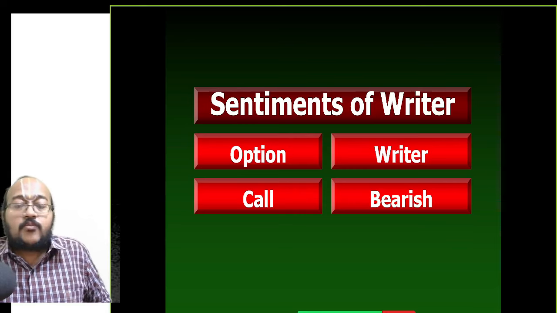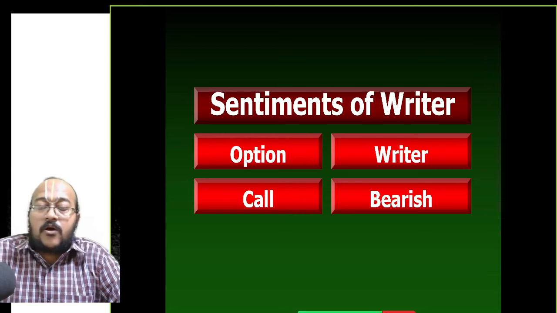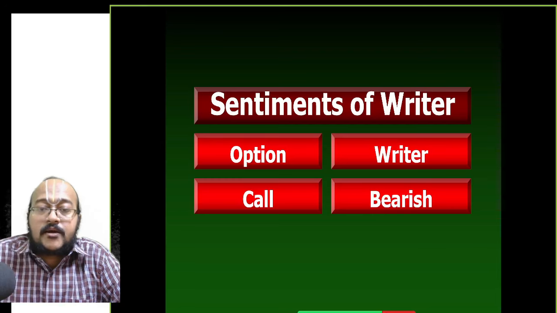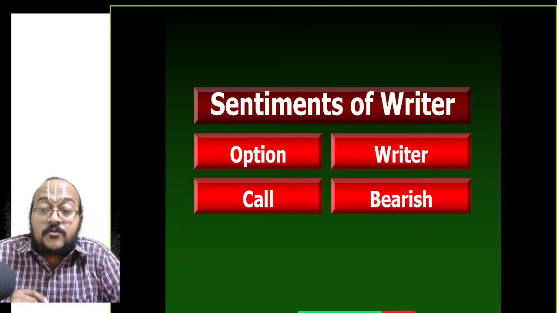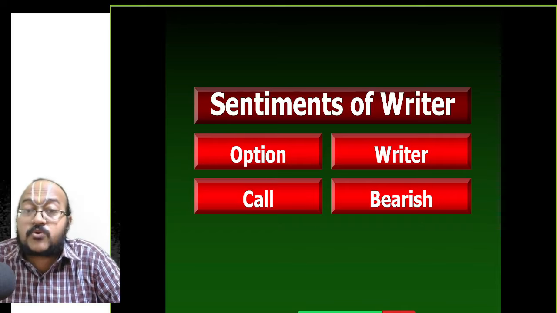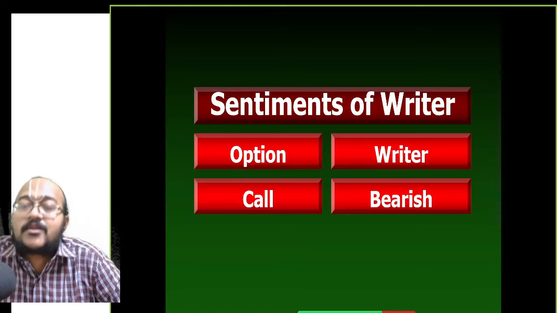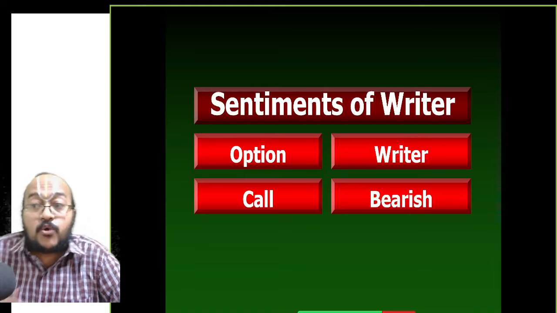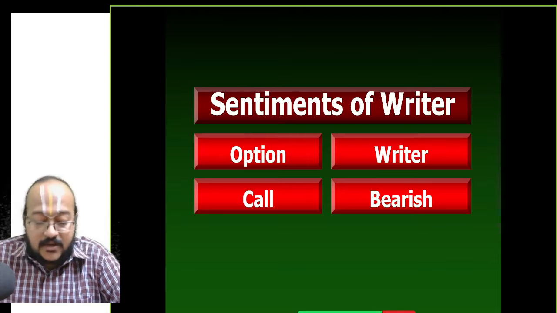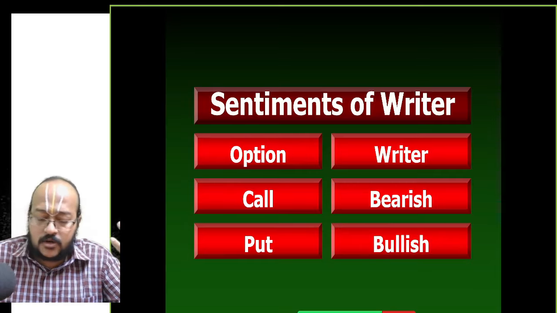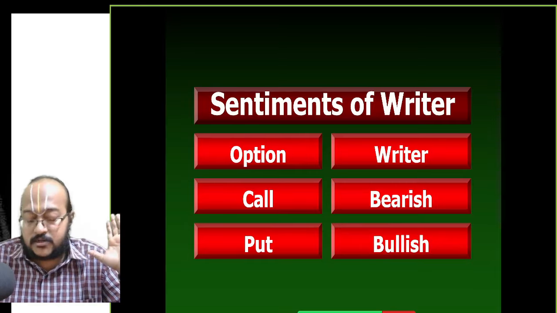Understood? You might think call option has only the upper hand, and the seller is not having any benefit. No. Those persons who are bearish about the stock will sell the option. Those persons who are bullish about the stock will buy the call option. Understood? Put option, what will he do? Writer will be bullish. Understood?